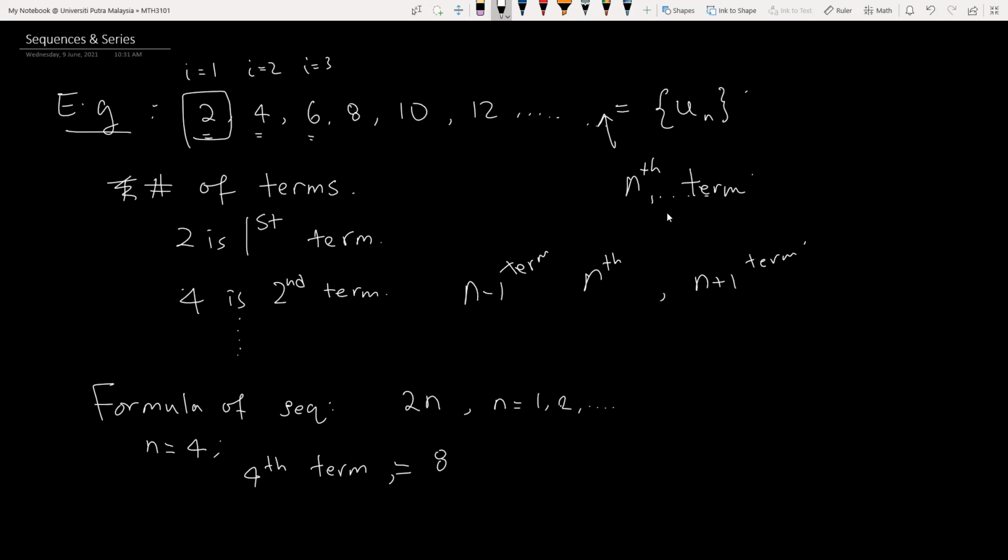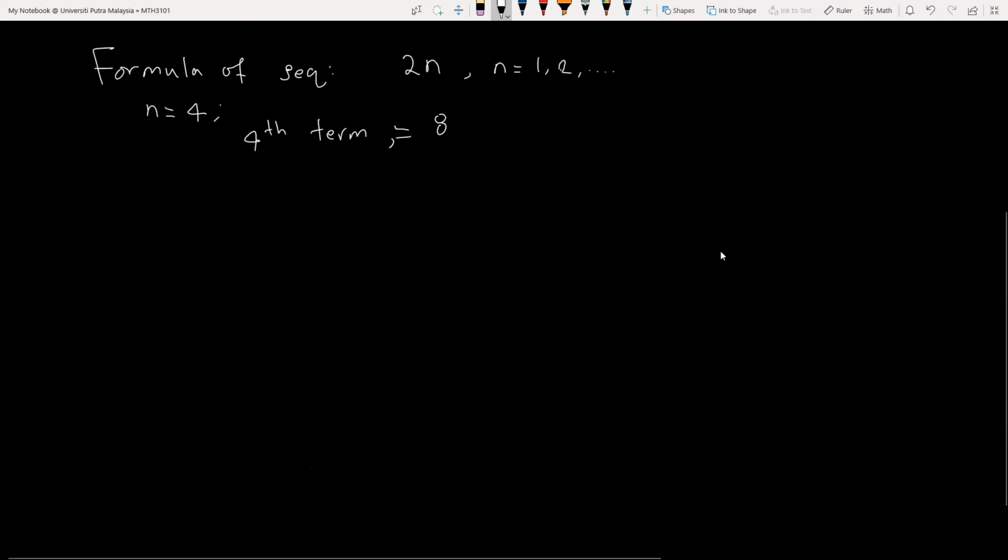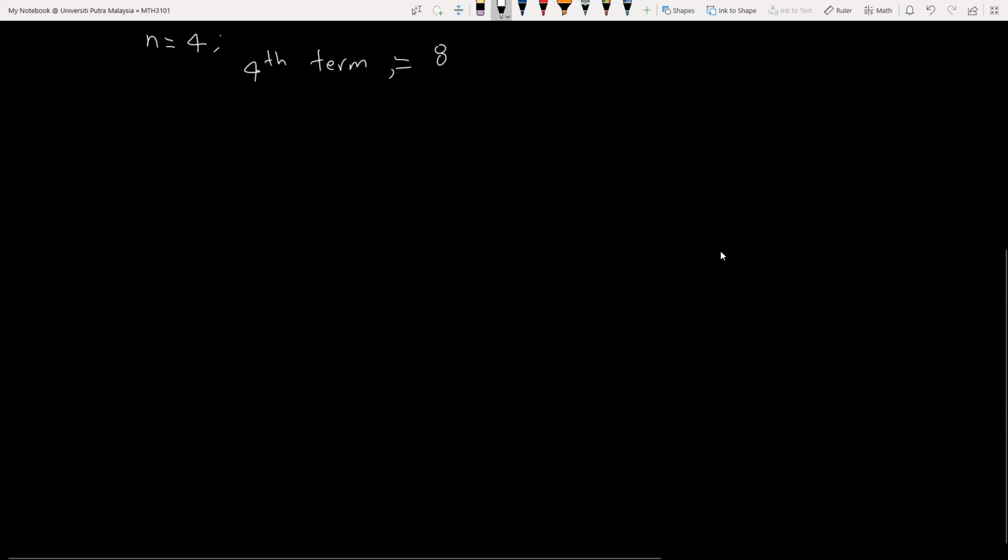Some sequences are easy to find the formula for. Some are not that explicit; you have to figure out how to find the formula. Okay, so how to write this formula?